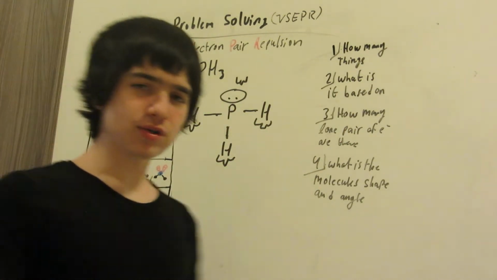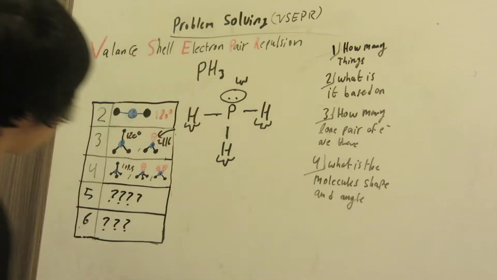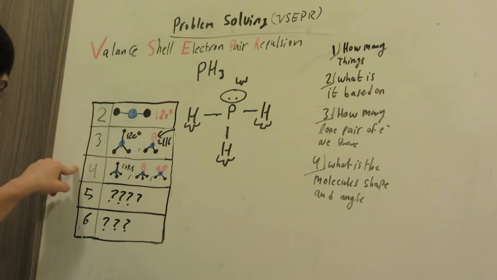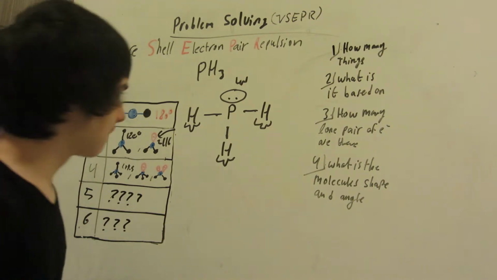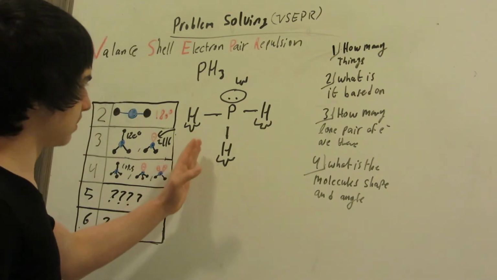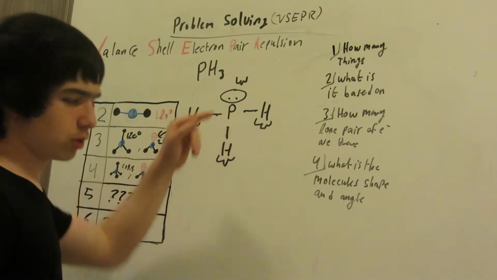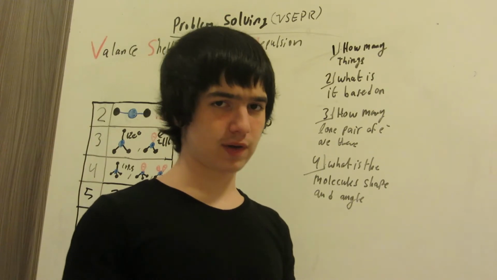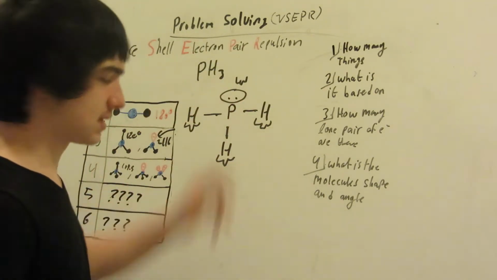What is it based on? Well, because we have 4 things, then we look at the family chart. As you can see here, 4. What is that molecule based on? Now always remember this. You always pretend that the lone pair of electrons is an atom. So instead of a lone pair of electrons, imagine it as an atom.